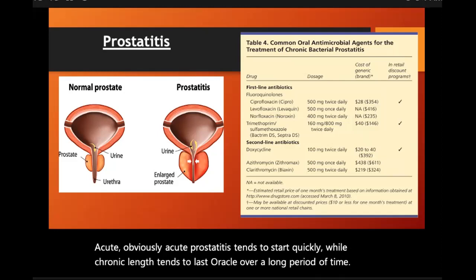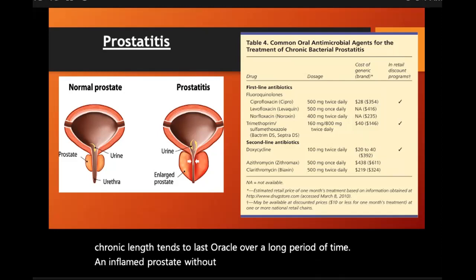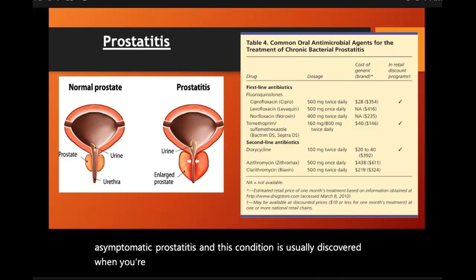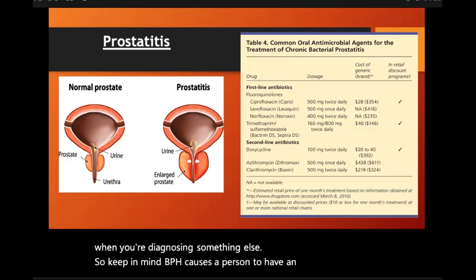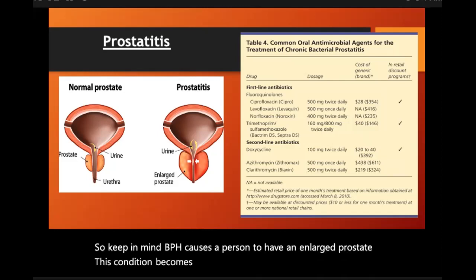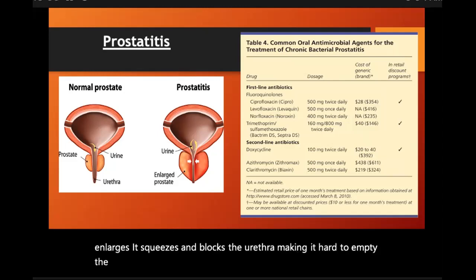An inflamed prostate without any symptoms is called asymptomatic prostatitis, and this condition is usually discovered when you're diagnosing something else. So keep in mind, BPH causes a person to have an enlarged prostate. This condition becomes more common as men age. As the prostate enlarges, it squeezes and blocks the urethra, making it hard to empty the bladder completely.